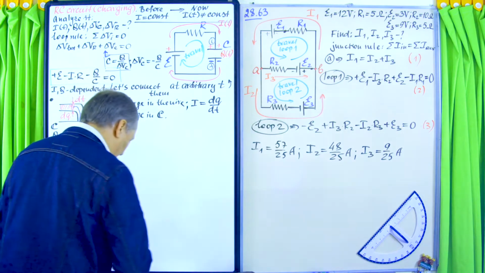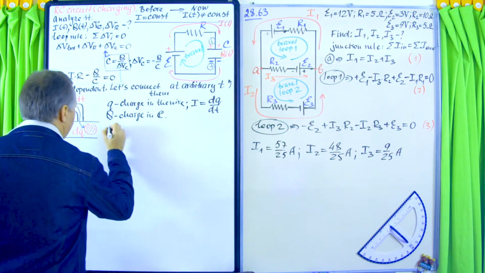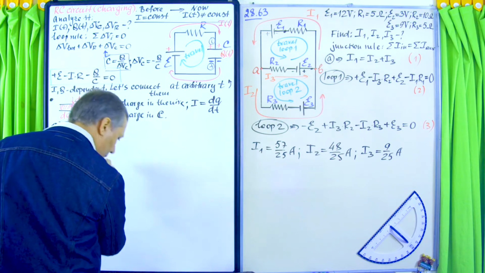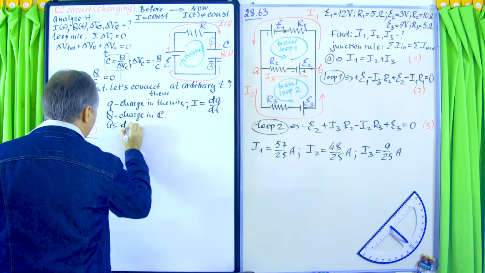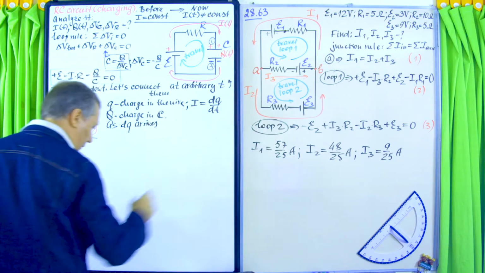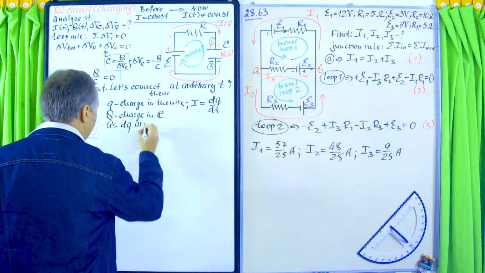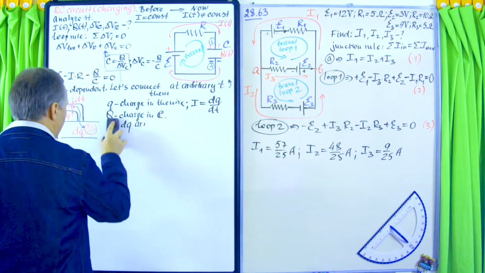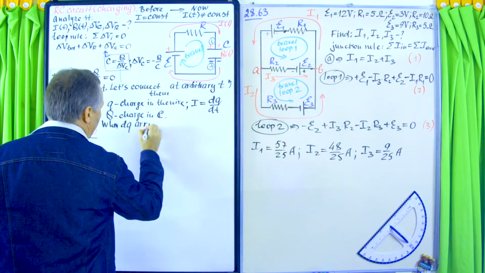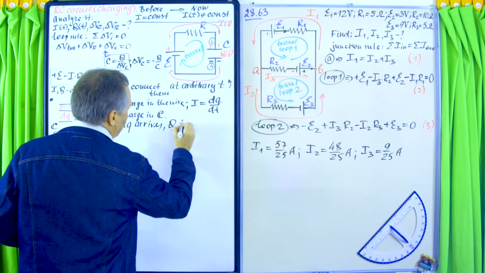Okay, so now let me write that down. When dq small arrives, the charge in the capacitor increases.